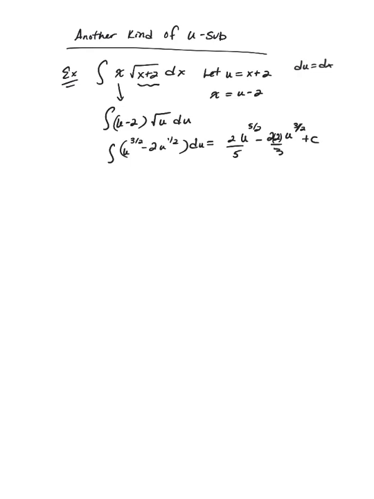So we have 2/5. Okay, my u is x plus 2, so times x plus 2 to the 5/2 minus 4/3 x plus 2 to the 3/2 plus c.